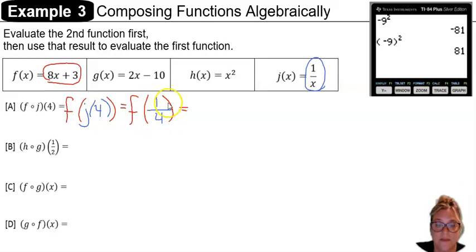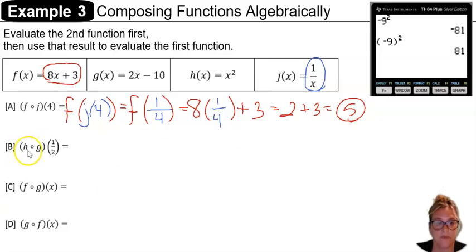And now that means I'm going to take this 1/4 and substitute it in for the x in the function f. So I'm now evaluating 8x plus 3, but instead of the x there, we're going to put in the 1/4. So 8 times 1/4 is 2, plus 3 is 5.